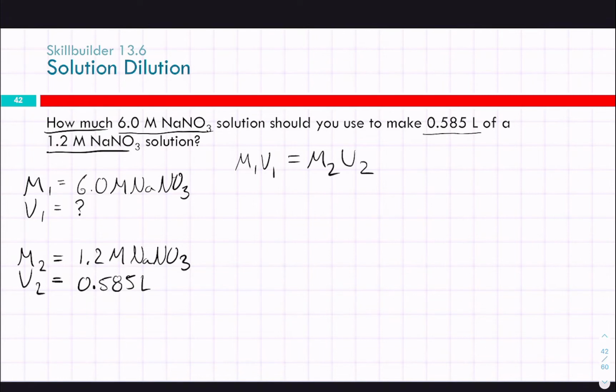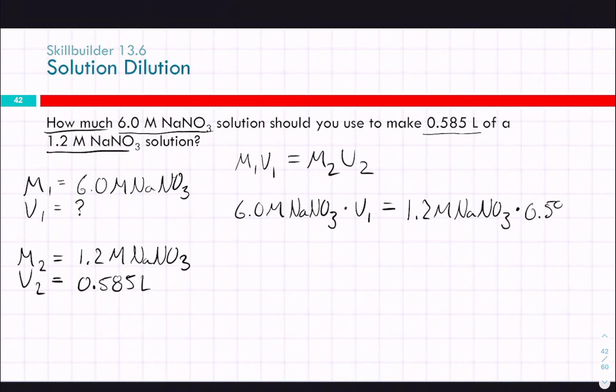And then we can just plug these in. This is going to be 6.0 molar NaNO3 times V1 is going to be 1.2 molar sodium nitrate times 0.585 liters. So we're going to take our 1.2 times 0.585.